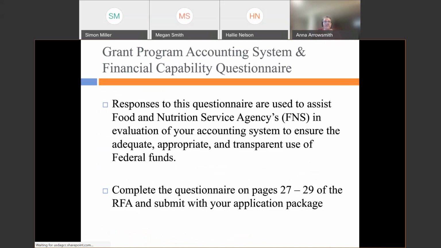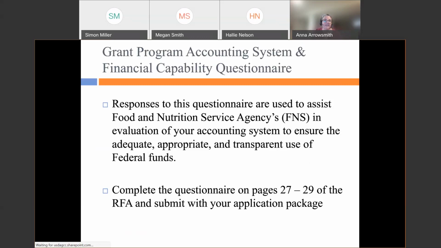And then one of the other forms that everybody must complete is the Grant Program Accounting System and Financial Capability Questionnaire. How is that for a government titled document? The questionnaire is a risk assessment tool that we use to look at your financial history, review any findings that may have come up in an audit, or any other red flags that would impact award or how funds are distributed upon award.